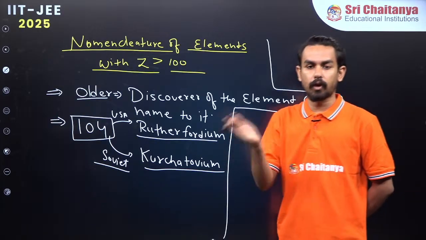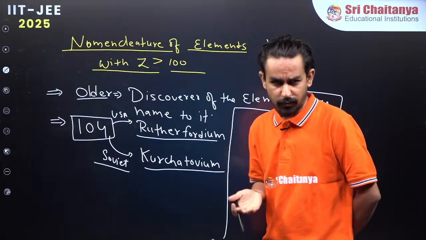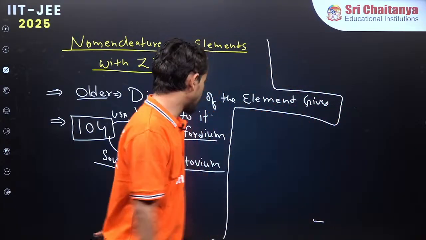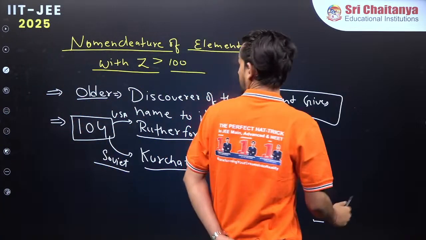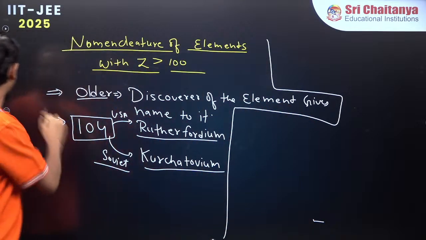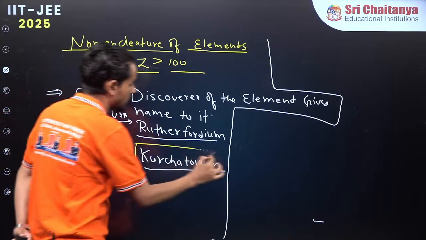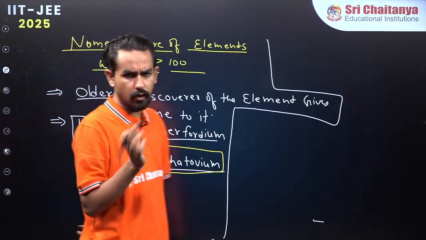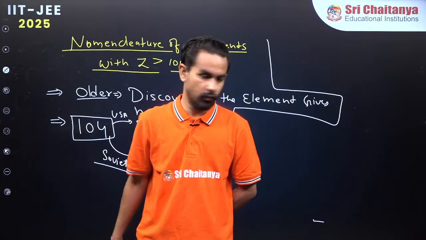In the normal system, wherever USA has influence or among supporters of USA, this 104 is written as Rutherfordium. But those supported by Russia write it as Kurchatovium. So there was a dispute between two countries, America and Russia, about what should be the name of this 104.